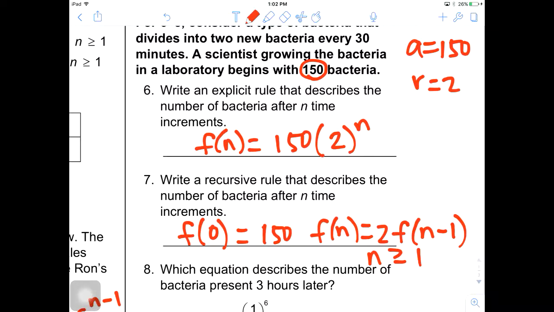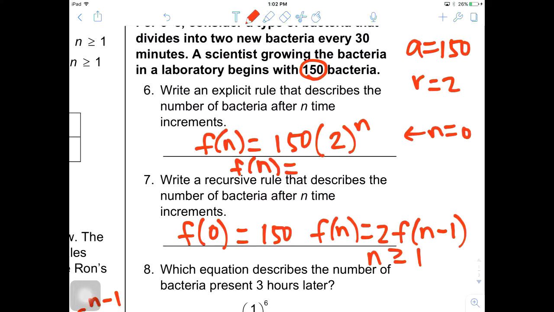And also for number 6, you can also get f of n into the second formula when n equals 1. So this one is for n equal to 0.